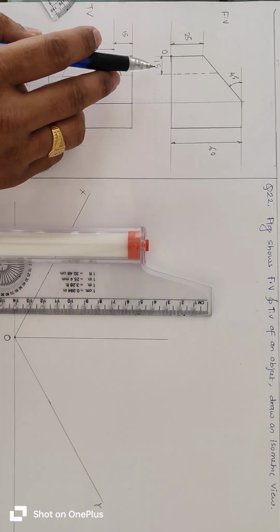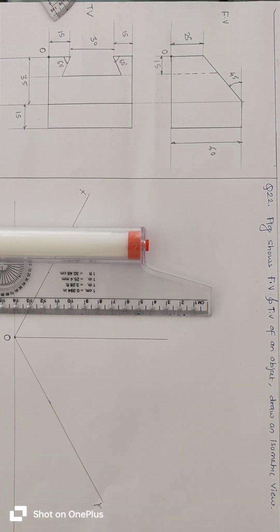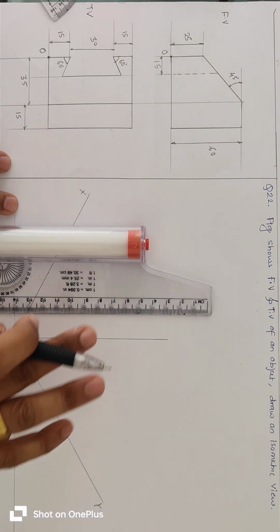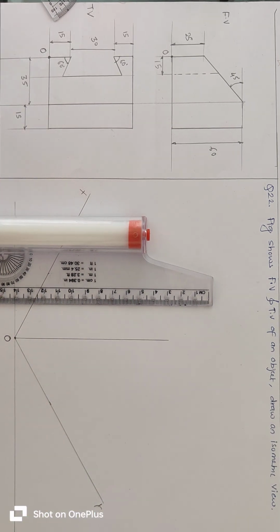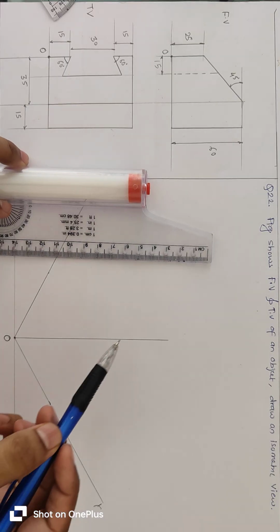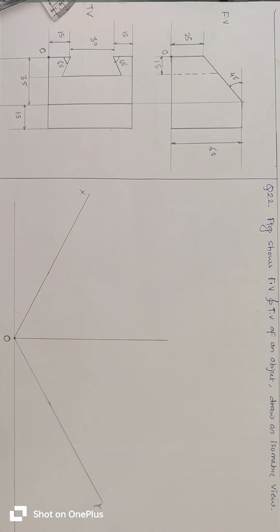So as in question, O point is given on left side of diagram, so we will draw front view on right side of z axis.